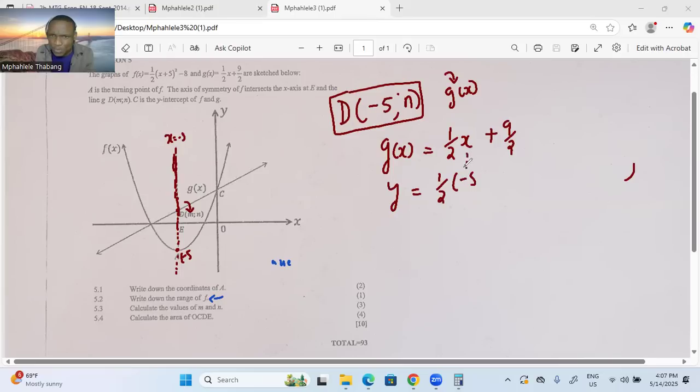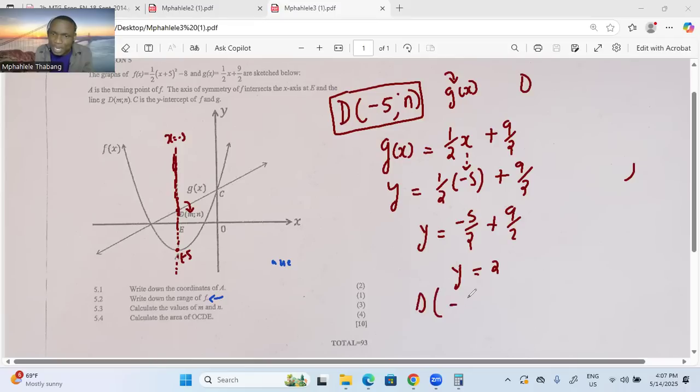So I substitute x with -5. y equals -5 over 2 plus 9 over 2. Just press your calculator. You'll see that the answer is 4 over 2, which is 2. So the coordinates of D are -5 and 2. So we answered the values of m and n. m is -5, n is 2.